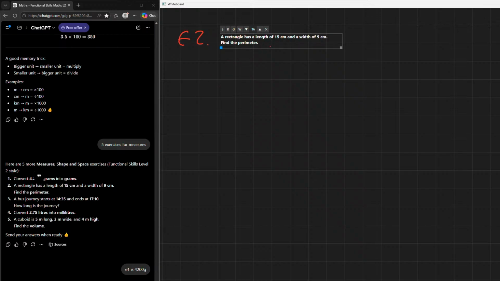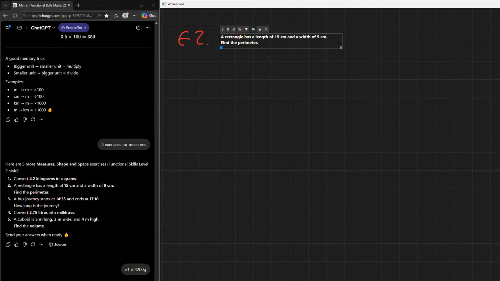A rectangle with a length of 15 and a width of 9. Find the perimeter. Perimeter is the distance around the shape.